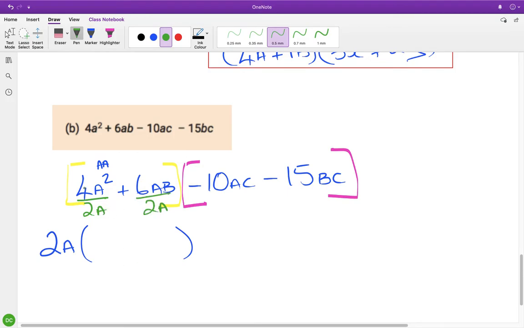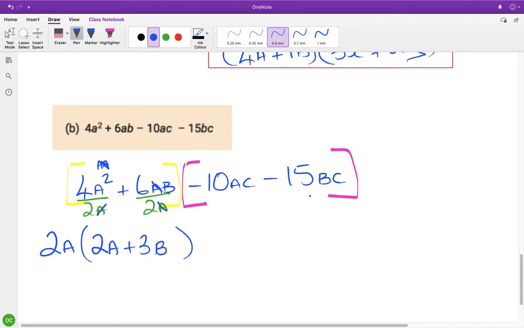Okay, so 4 divided by 2 is 2, and this a will cancel with one of the a's on top, leaving an a behind. Okay. So I have a plus 6 divided by 2, which is plus 3. The a divided by the a cancels, leaving the b over.